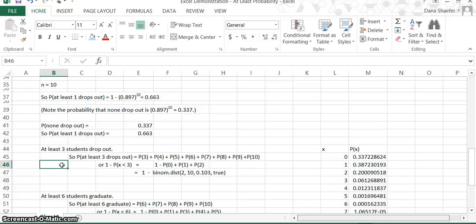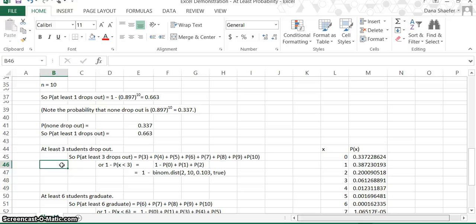And so I could do that binomial the 3 times, add those together, and subtract them from 1. But the nice thing about this binomial distribution is, remember, we can use the idea of it accumulating. If I put the word true in, it's going to accumulate the binomial for 0, 1, and 2. So it's going to do a cumulative idea as far as the binomial is concerned.